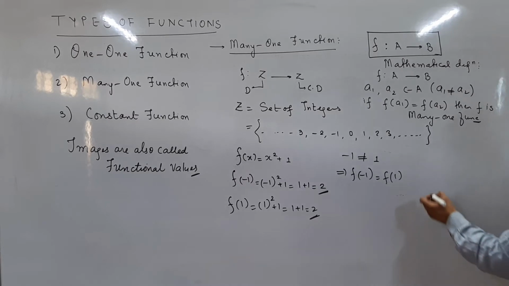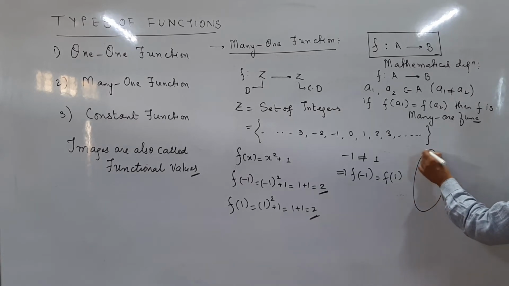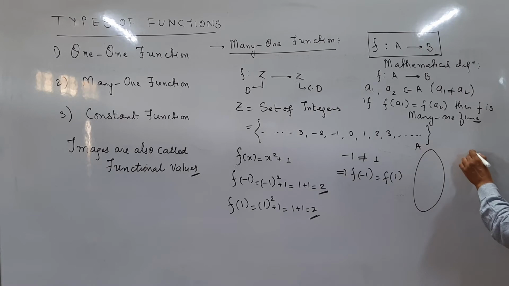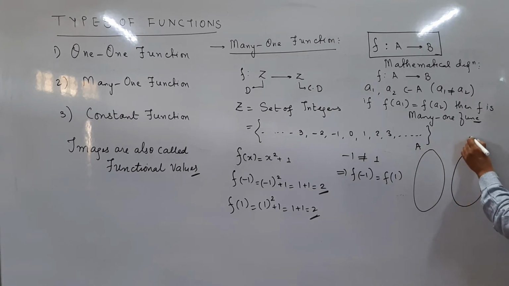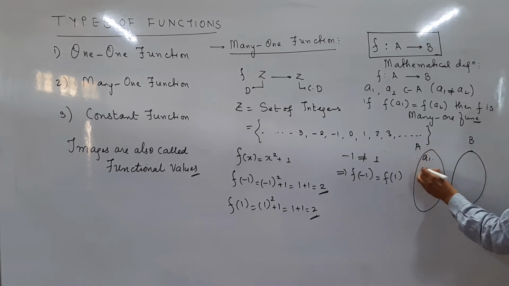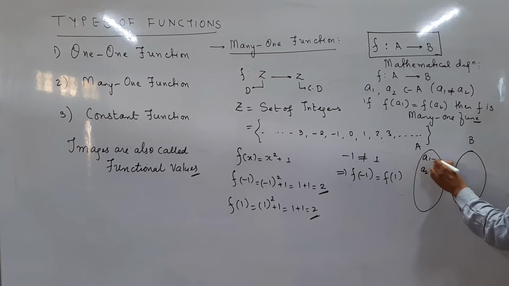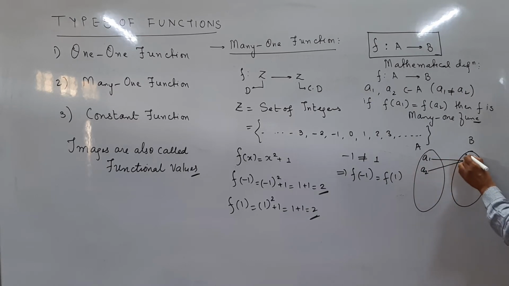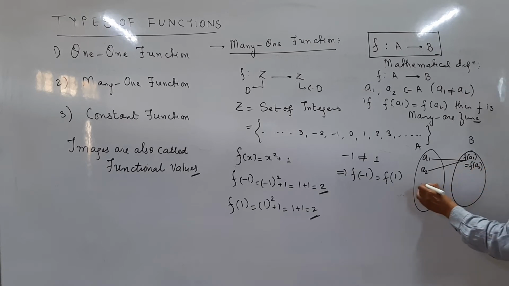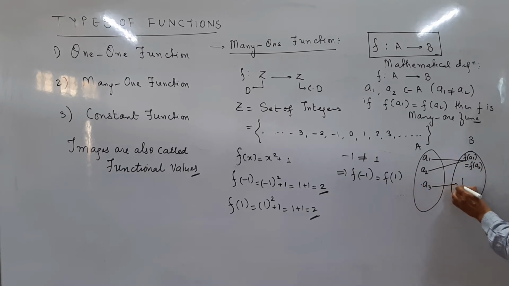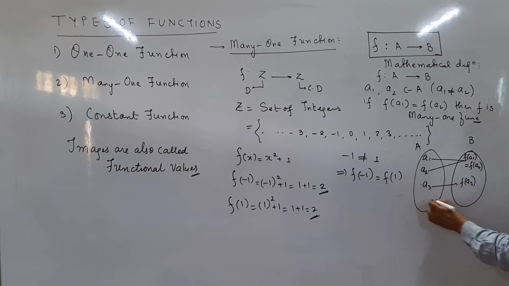If I draw the arrow diagram, it would be like this. So this is set A. So this is set B. So these are two distinct elements, A1 and A2. Then images are same. F of A1 is equal to F of A2. For A3, the image is F of A3 like that.